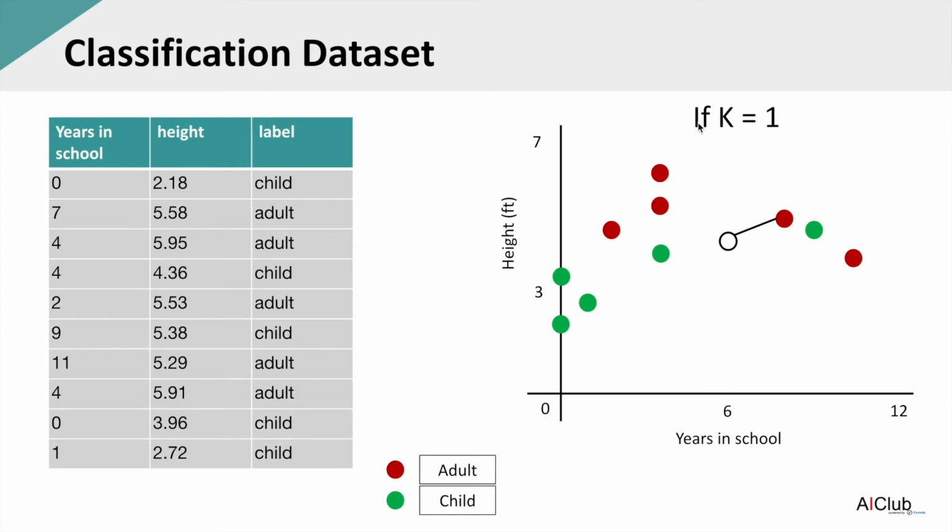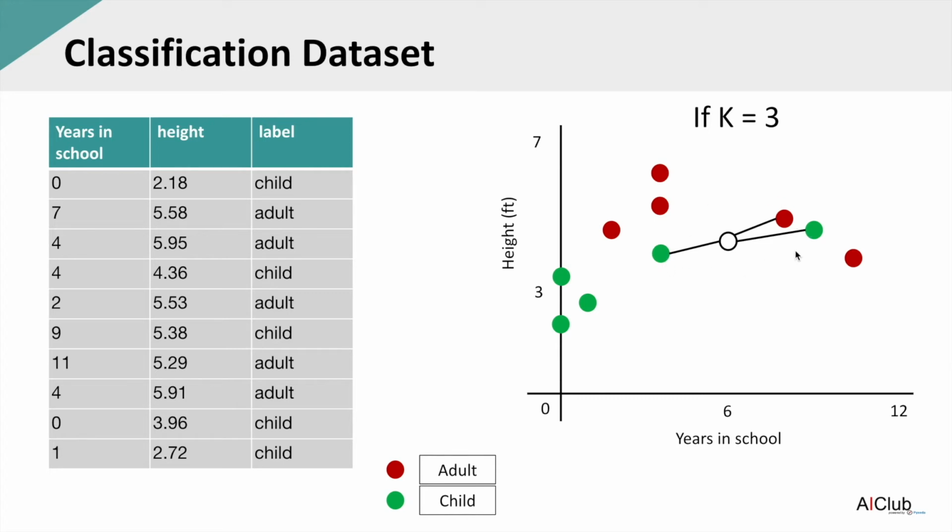K here is a variable. We looked at what the prediction is when K equals 1. Let's look at what the prediction will be if K equals 3. These are the three closest neighbors, and as you can see, 2 of them are green and 1 of them is red.